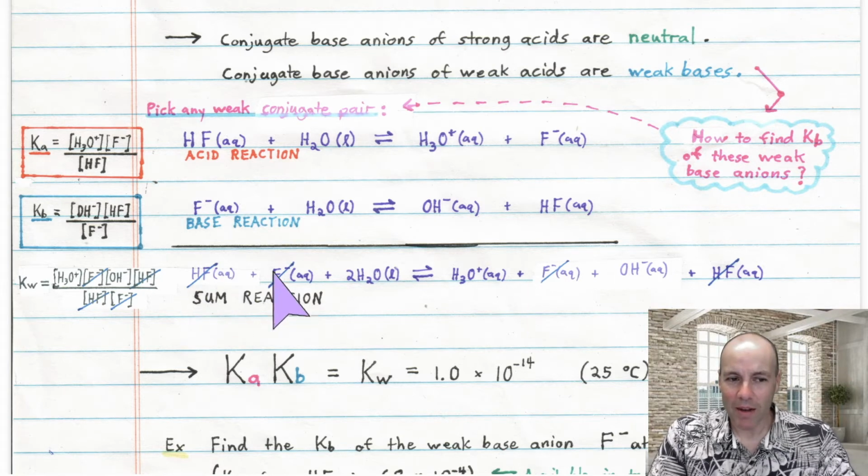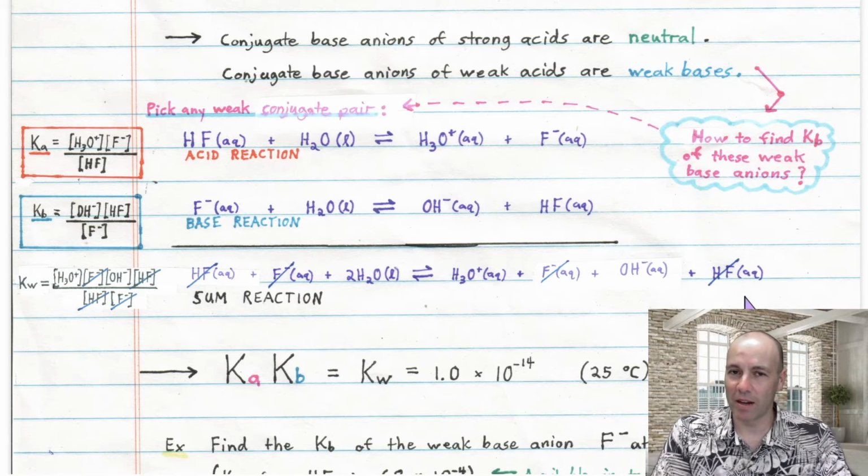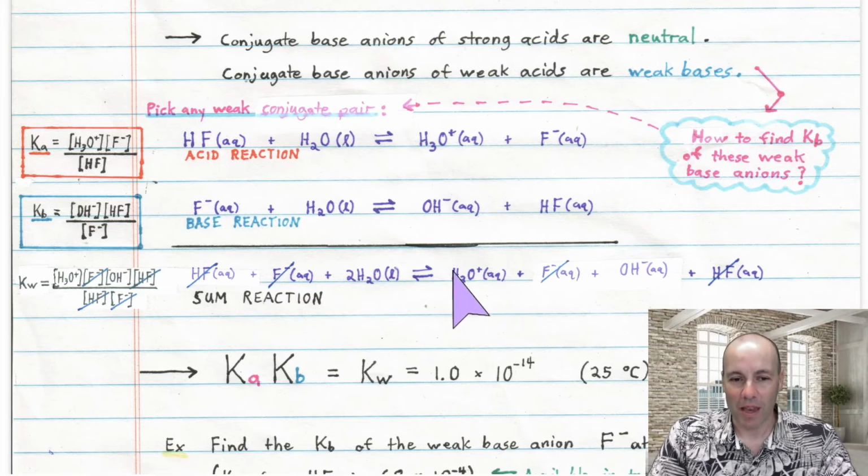Now let's go ahead and uncancel those HF and F minus and just write the equilibrium constant with everything in there without canceling it off yet. So you have 4 product concentrations, they're all up there, and then these 2 concentrations are down there, and water, of course, doesn't need to be included.